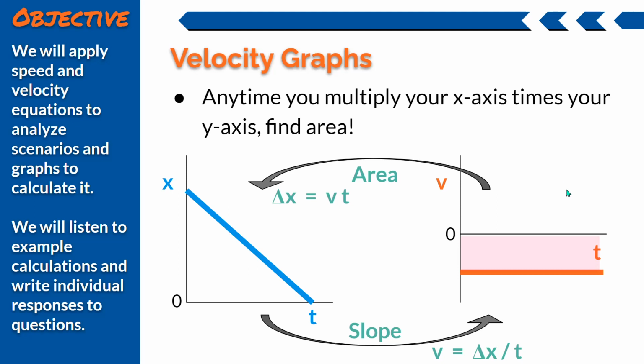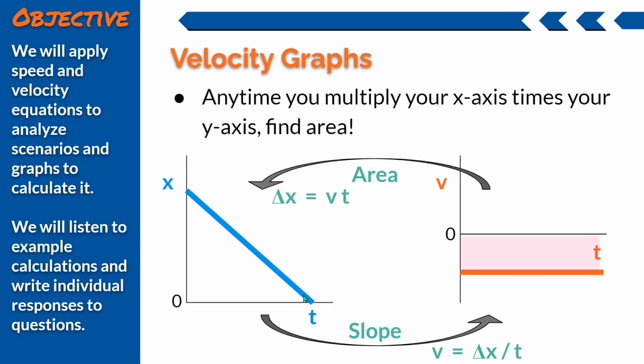Anytime you look at an equation and you're multiplying your x-axis times your y-axis, like velocity times time is displacement, here's that equation I just showed you. Anytime you're doing that, find area, because you're multiplying your x times your y, you're finding the area of a rectangle. That'll give you, in this case, displacement. So the area of this should match your change in position over here.